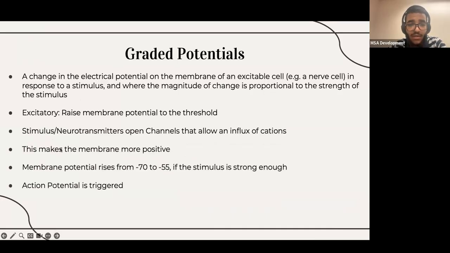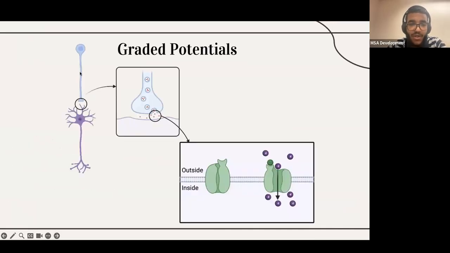So let me show you in the diagram. So this is a sensory neuron, and it synapses with a dendrite of another neuron over here. And you see those neurotransmitters. They're called ligands.